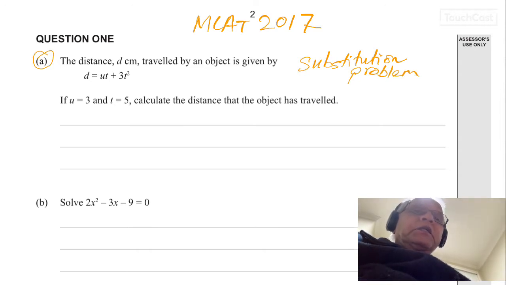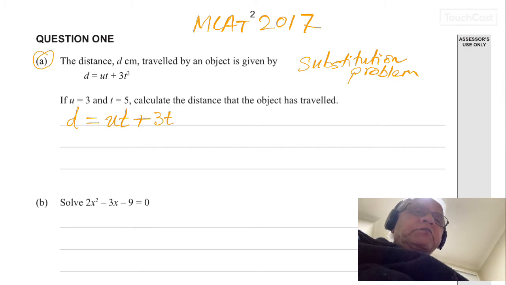So they are asking you to find out the distance d in centimeters. U is given as 3 and t is 5, whatever unit.